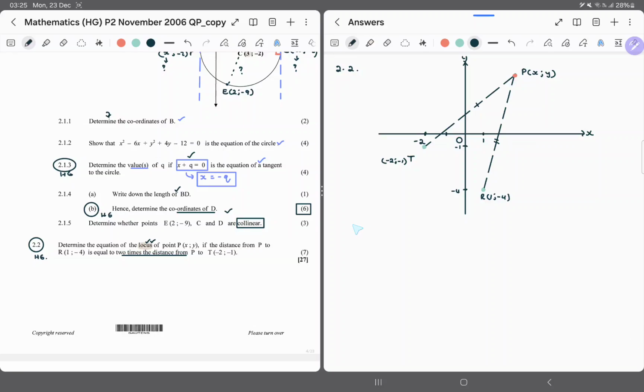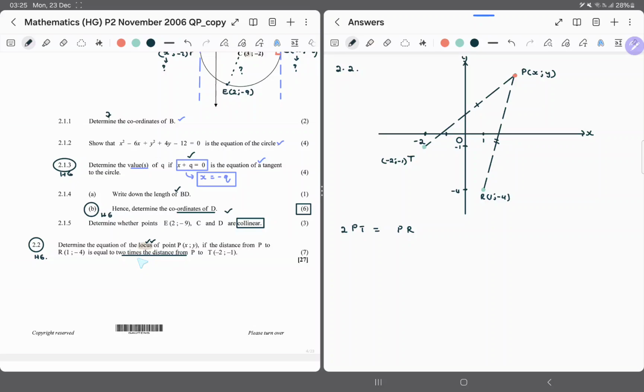So we know that basically 2 times PT is going to be equal to PR. Right.